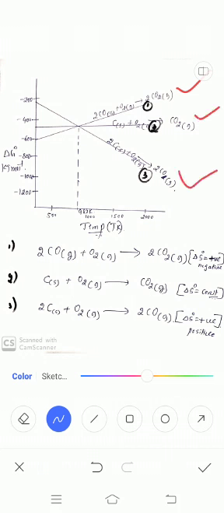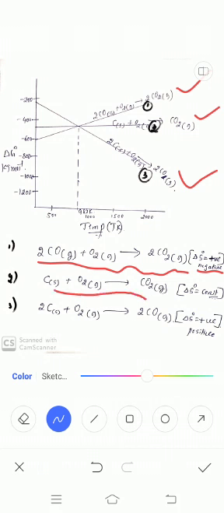In the first one, carbon monoxide gas reacts with oxygen gas, forming carbon dioxide. Here on the product side we have 2, on the reactant side we have 3. So delta S naught is negative, because delta S naught is equal to S2 minus S1, and S1 is greater than S2.